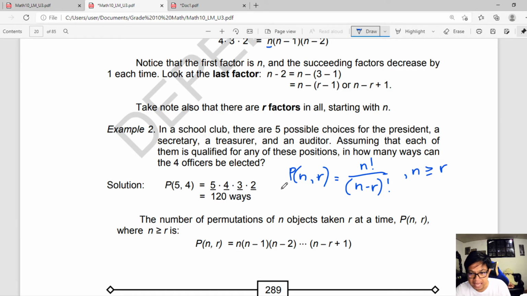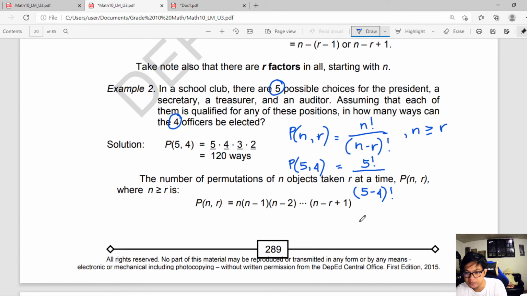So we will apply this one. So our n here is 5. Lahat yung possible, yung objects natin, no? Tapos yung r, kailangan lang natin is 4. So that is P of 5 taken 4 at a time is equal to, our n is 5, 5 factorial over 5 minus 4 factorial. Our r is 4.